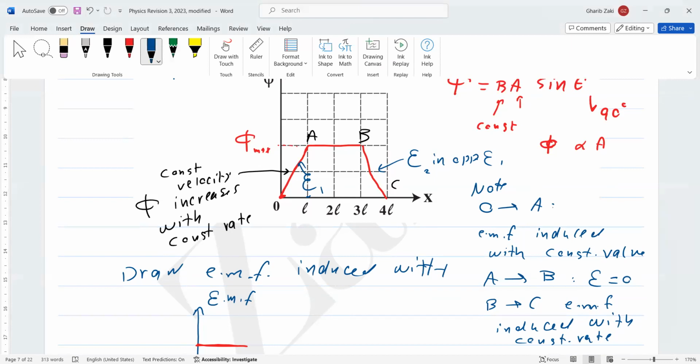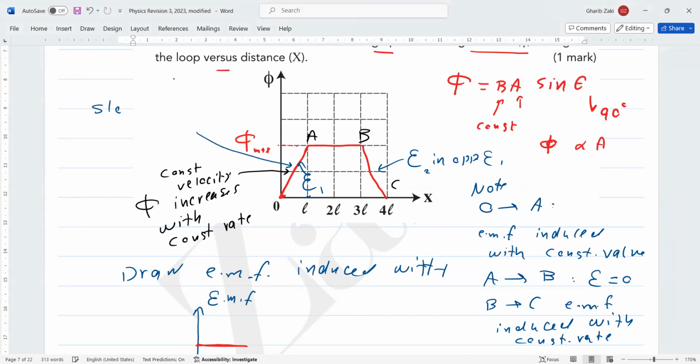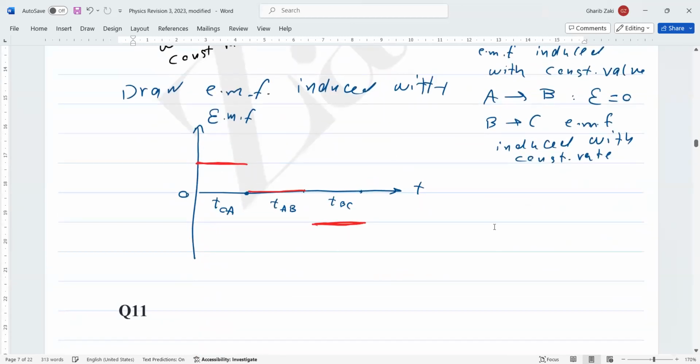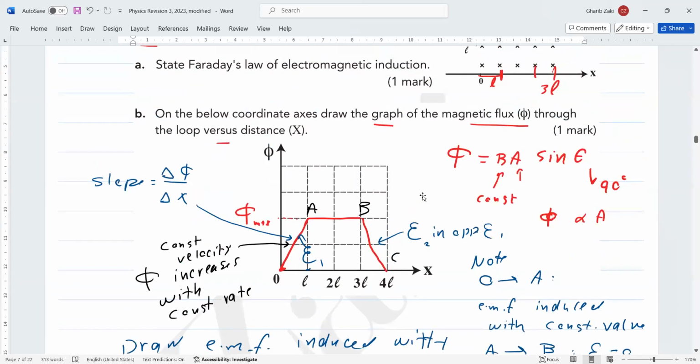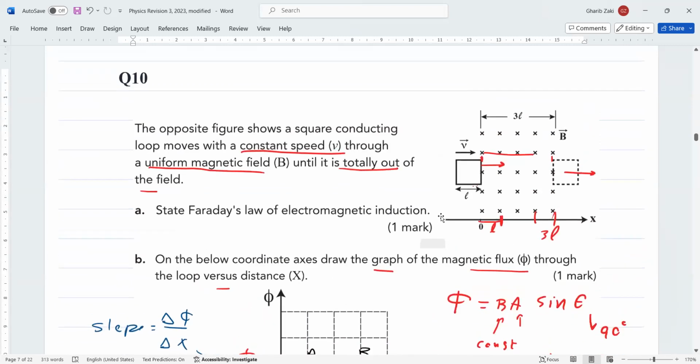Here, the slope of this line equals delta phi by delta x, the change with the movement. But here, it's EMF related to the time in that question. A lot of questions will come in the exam according to question number 10. So take care.